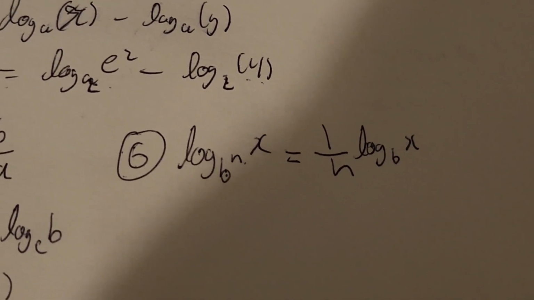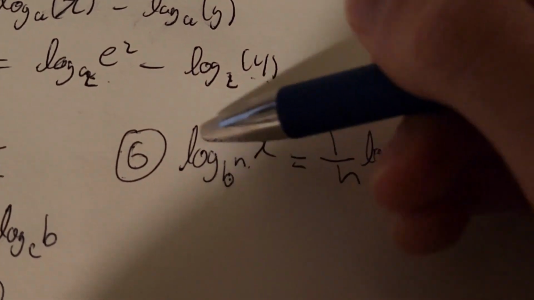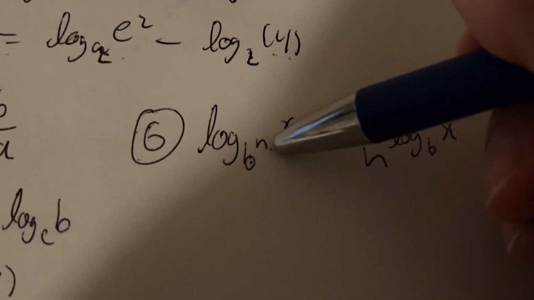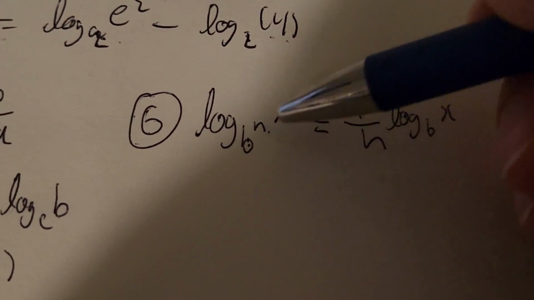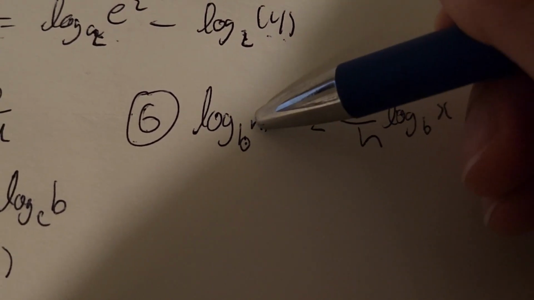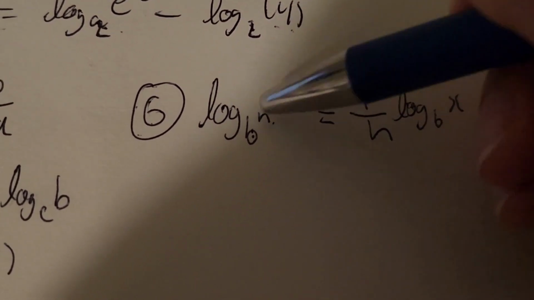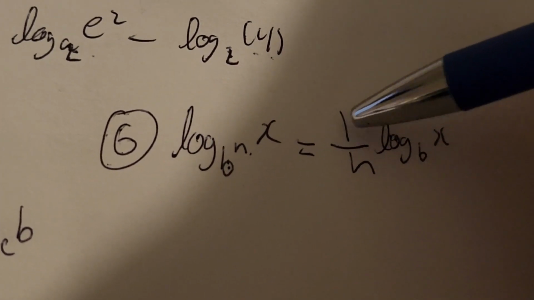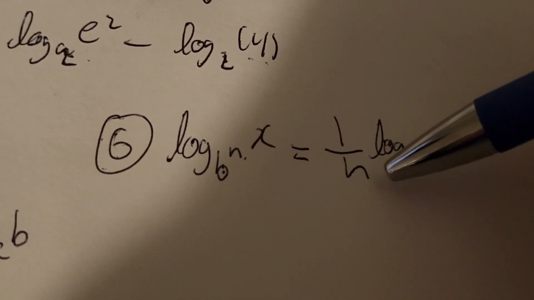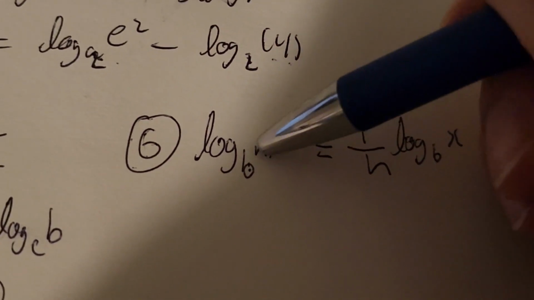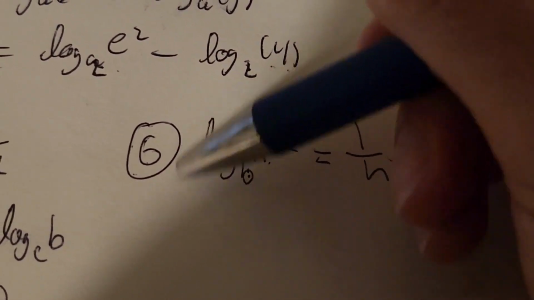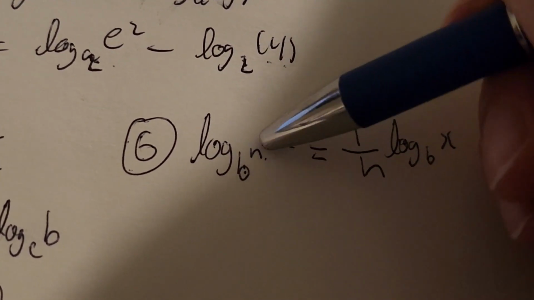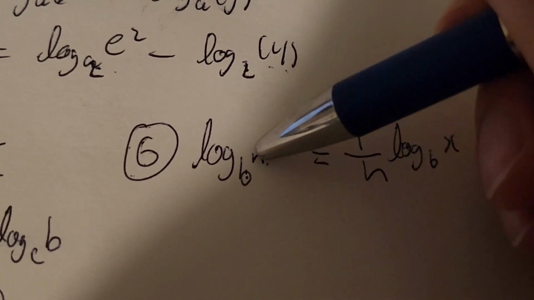I know that seems confusing, but since the base is put to the power of something, we can bring that exponent to the front, but write it as 1 divided by that. It's the reciprocal of n multiplied by the entire expression, and n can now go away because we already moved it.